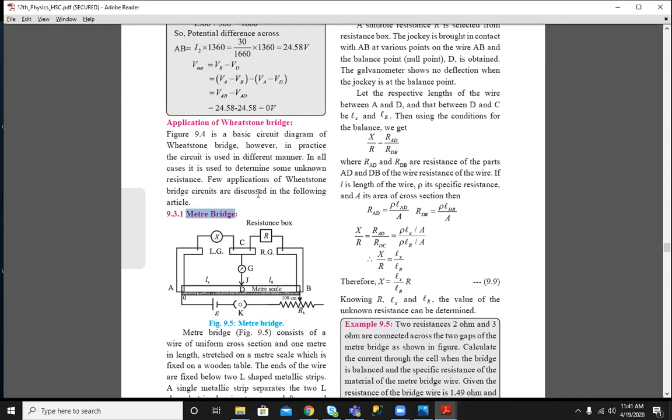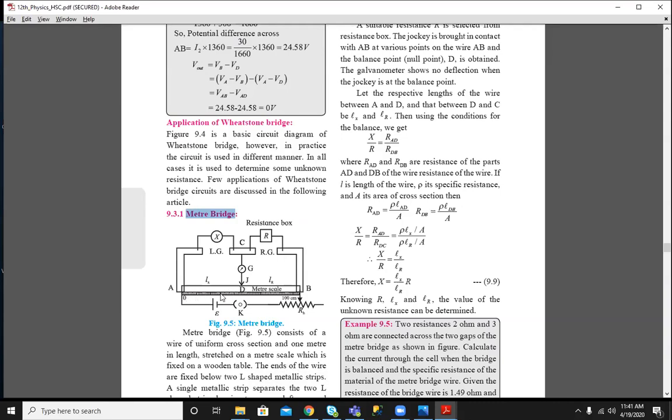So what is done in the meter bridge? Out of the three known resistances, we are going to replace two resistances by a wire. In the meter bridge there is one known resistance, that is the resistance of the resistance box, and the other two resistances are replaced by a wire of length 1 meter.